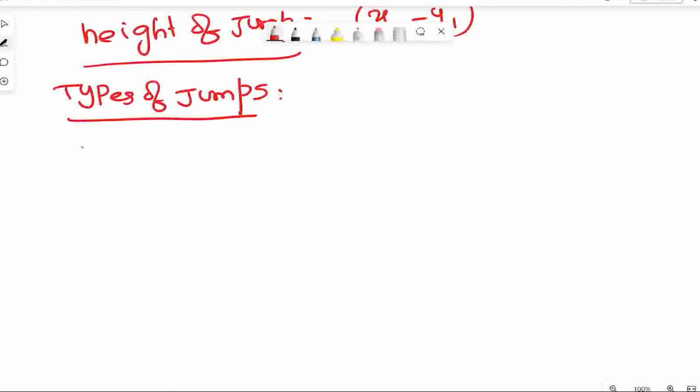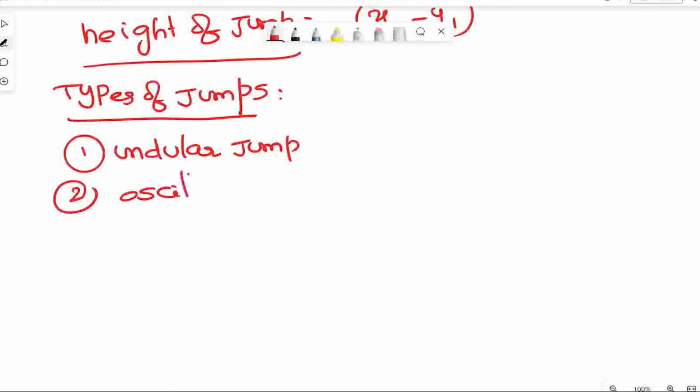There are 5 types of jumps. First, it is angular jump. Sorry, before oscillating, 1 second.